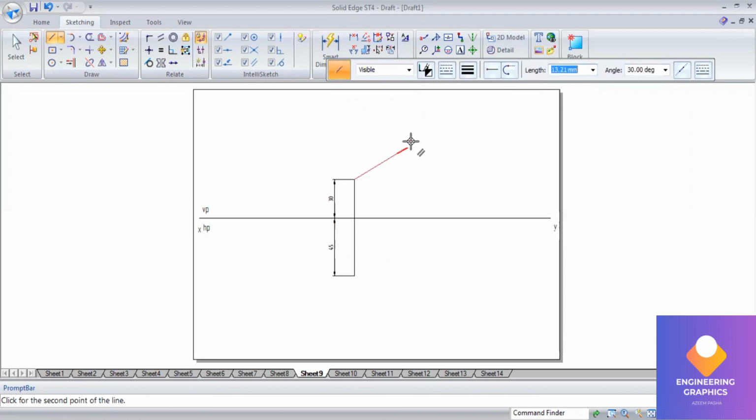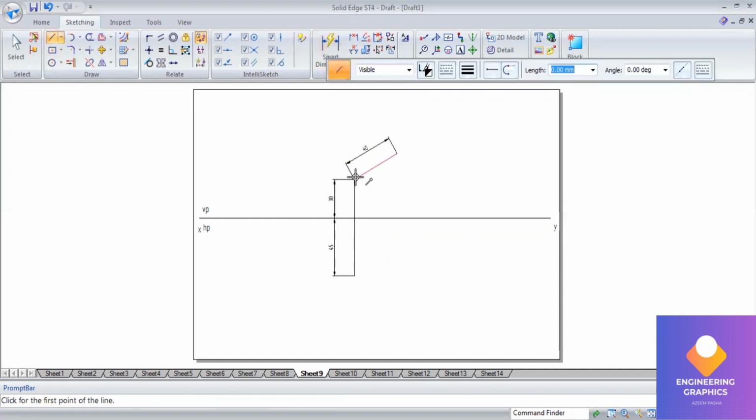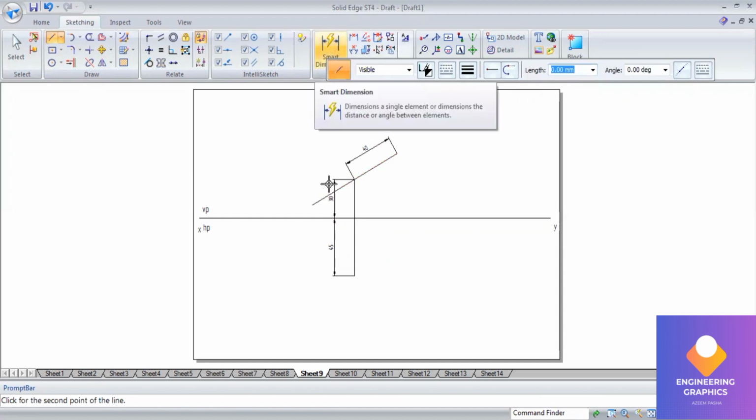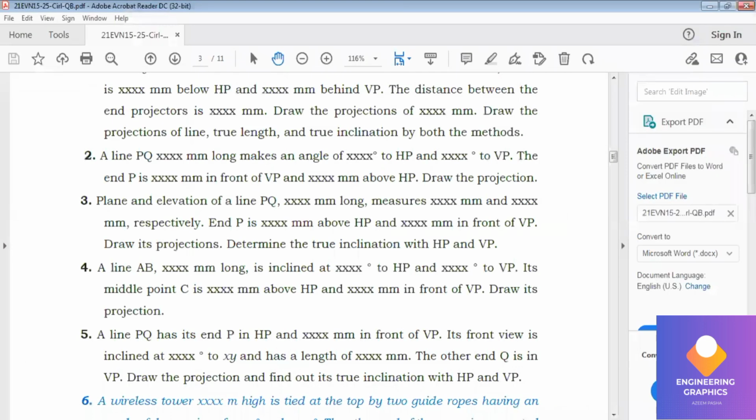Later I will be extending this to 80. The other side, this is 40. I'll be extending this line. See here, you get the parallel symbol. Length will be 40 and angle will be 150. You have drawn one true length for a length of 80 mm and angle 30 degrees.